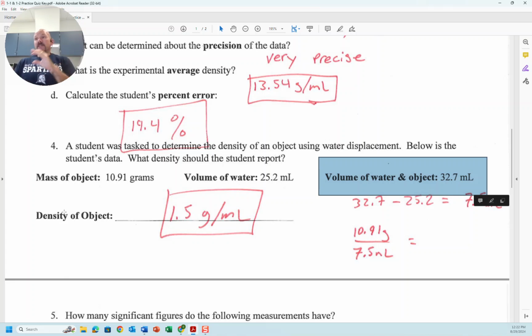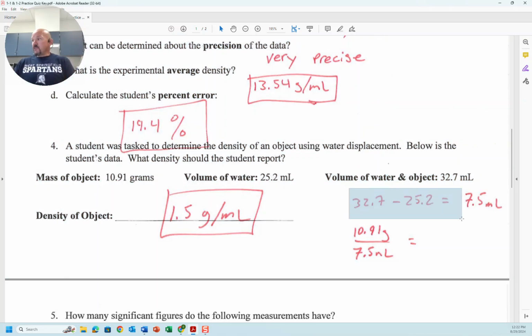Okay. But this is where we got to remember our rules for significant figures in different types of calculations. So here, we're going to take these 2 measurements and subtract them to get the volume of the object. But remember, when you subtract, it's about decimal places. So my 2 volume measurements only went to the tenths place. So my answer to this mathematical operation has to go to only the tenths place. So it's 7.5.